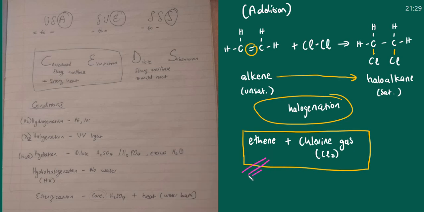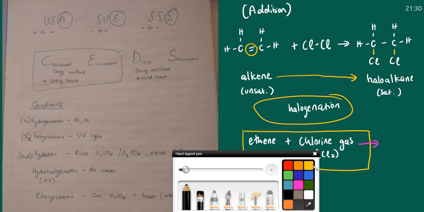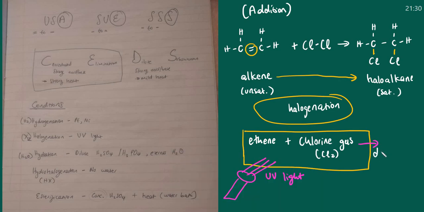Okay, UV light. So if you shine UV light on that, trust me, you are going to have your what? Your dichloroethane. You are going to have it if you just shine UV light there.